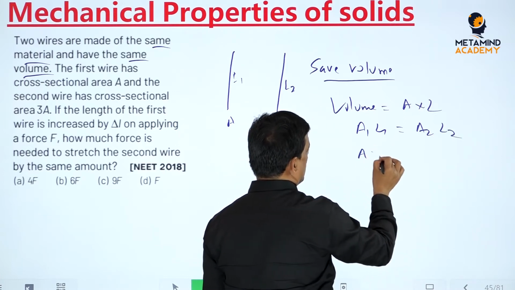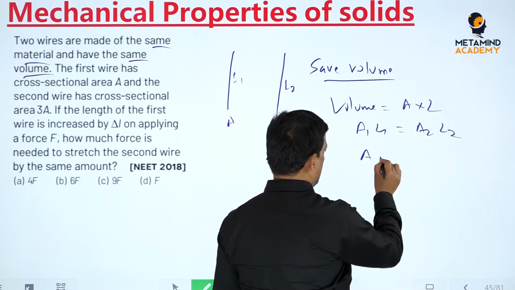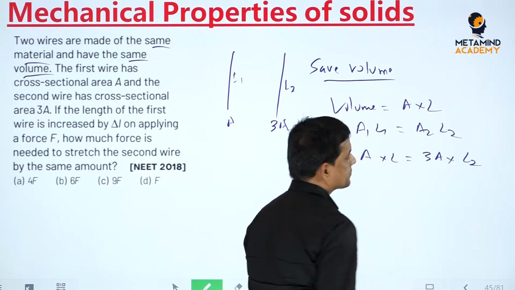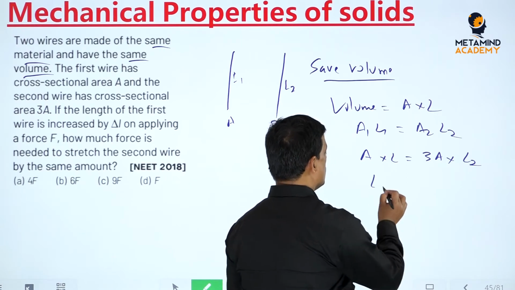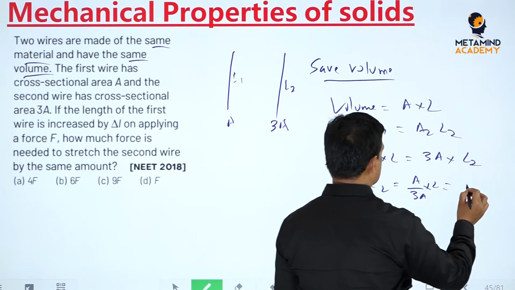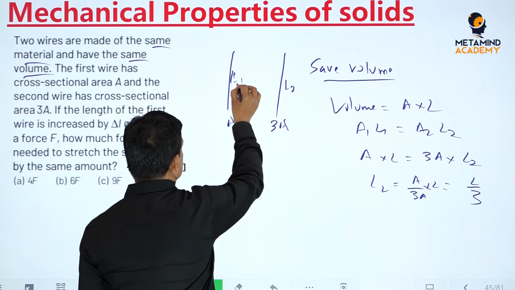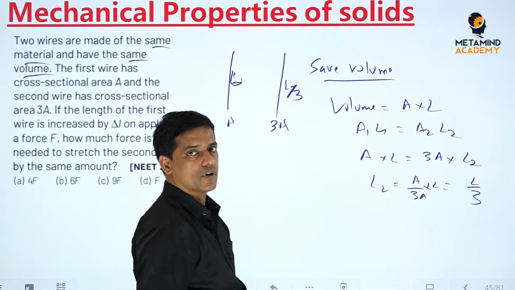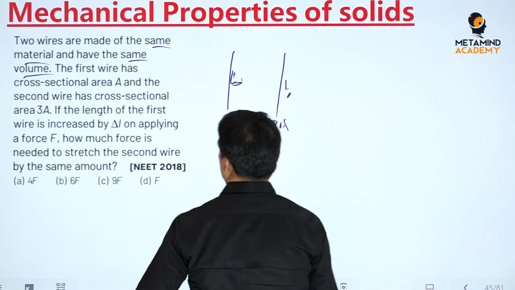A1 is A and length L1, say L. A into L must be 3A into L2 because the volume is same but the area is 3 times. So, L2 will be A by 3A times L, that is L by 3. If this length is L, then this length will be L by 3. This is the only trick in this question. Now, you can solve.